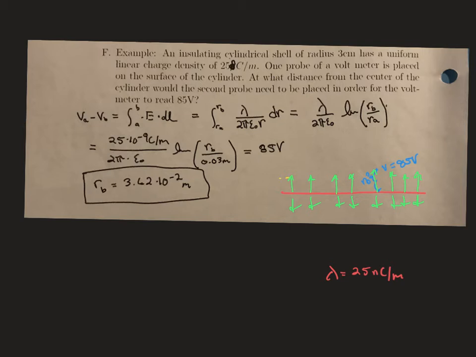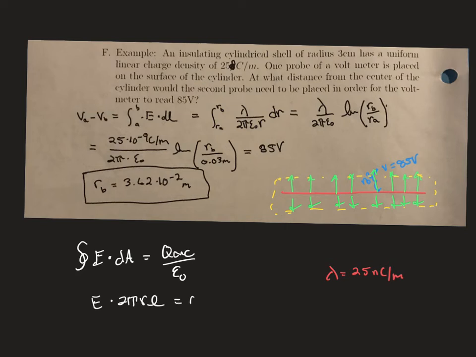So we're going to draw our Gaussian surface so the edge is along our point of interest, so wherever RB is. So when we go back to Gauss's law, we're going to plug in 2 pi r times L is equal to Q enclosed over epsilon naught.